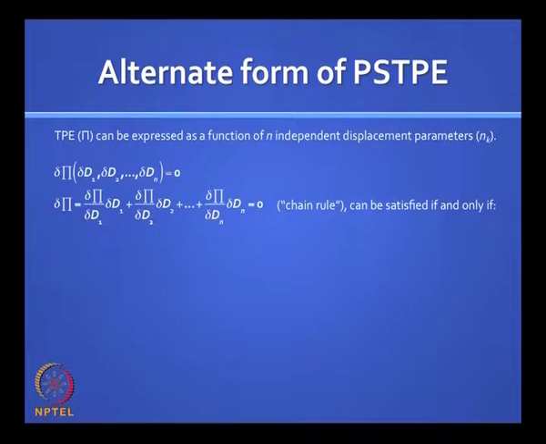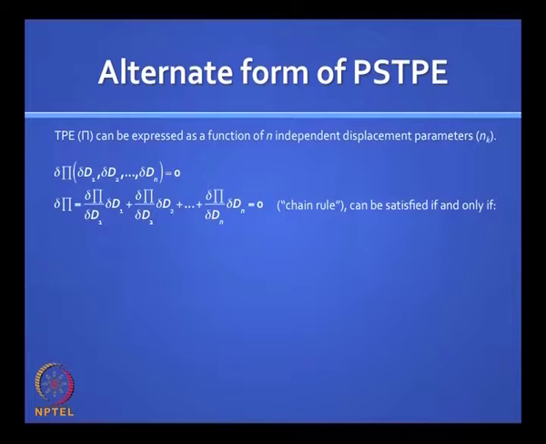Now if they are really independent, then you can invoke this chain rule, right? The chain rule says that delta pi can be written as dou pi by dou d1 into delta d1 plus this plus that equals 0. And what does the chain rule say? If this condition has to be satisfied, each one of these terms should be 0 because delta d1 etc. are independent and arbitrary, right?